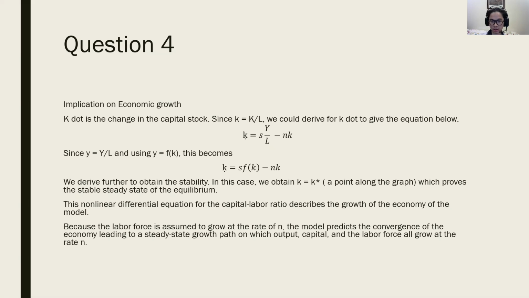So it's similar in terms of finding the stability: the derivative will determine whether the equation is in a steady state or not. Now, this nonlinear differential equation for the capital labor ratio describes the growth of the economy in the model. Because the labor force is assumed to grow at the rate of n, the model predicts convergence of the economy towards a steady state growth path on which output, capital, and the labor force all grow at the rate of n.